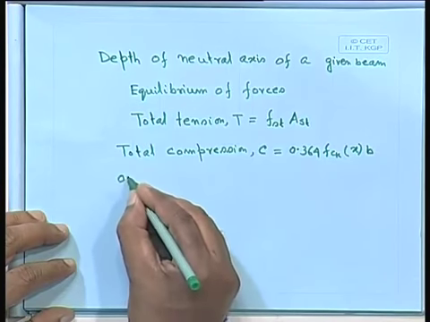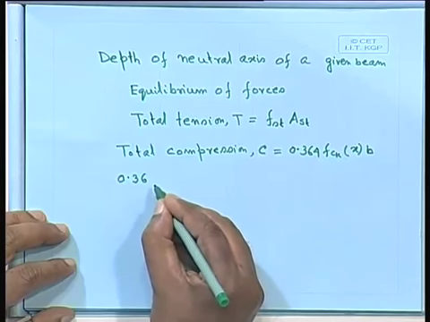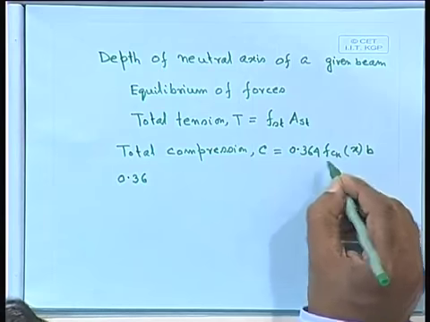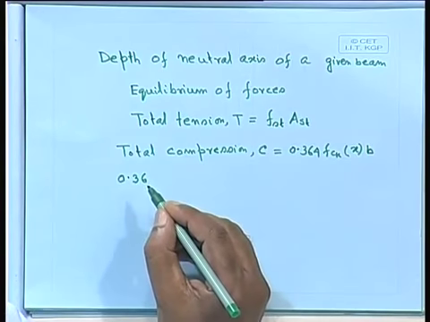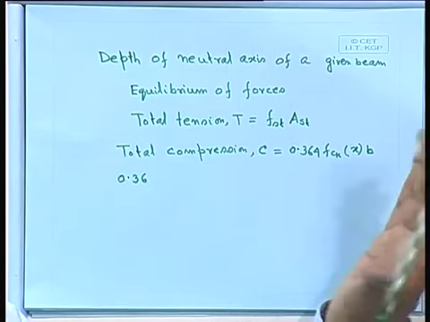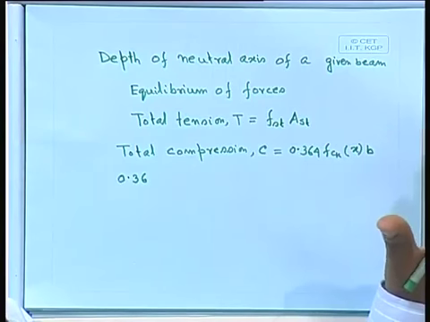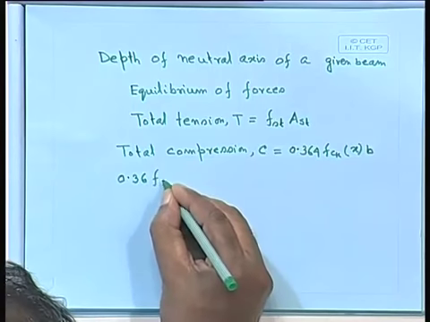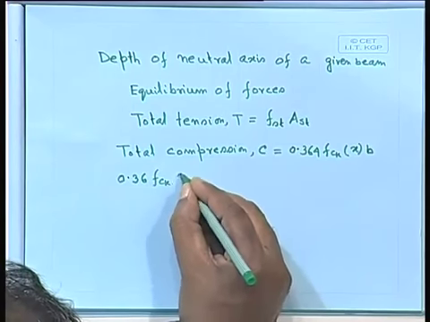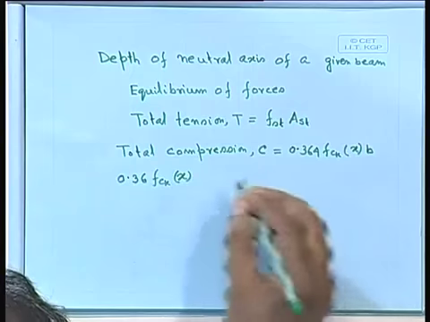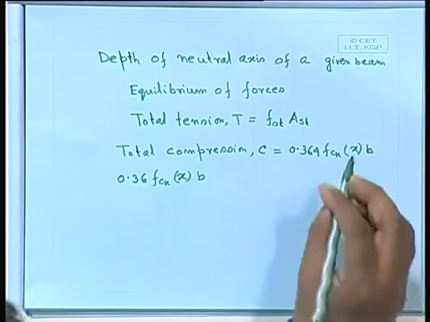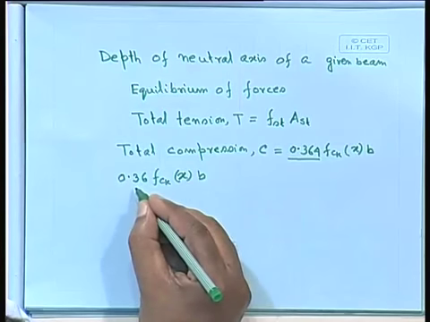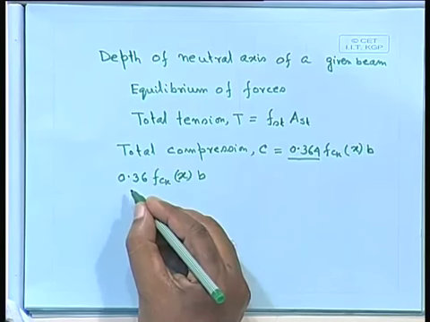Therefore, for equilibrium case, instead of writing 0.364, we also write down as 0.36 also. We can take it because that way we are estimating little less. So, that also we consider. So, let us take 0.36 fck xb. Let me underline that we have noted down 0.364 and here 0.36. We are taking little less value.